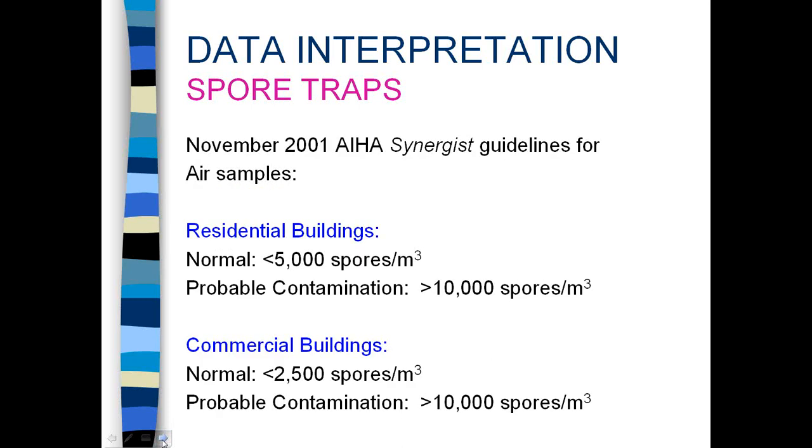Shown on this slide is data interpretation guidance using spore traps. In a residential structure, normally you should see less than 5,000 spores per cubic meter. In a commercial building, it should be less than 2,500. And that's because a higher standard of care and cleanliness is expected in commercial buildings.